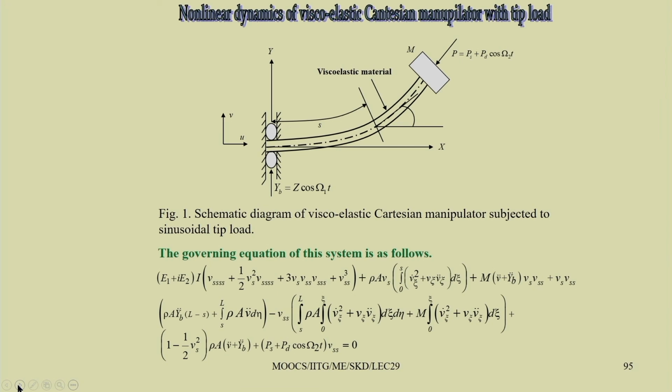If we extend to the second problem, that is a viscoelastic beam with tip mass and a periodically applied axial load, or a follower load P S plus P d cos omega t. Here also the equation will be the same, but E will be replaced by this complex number.